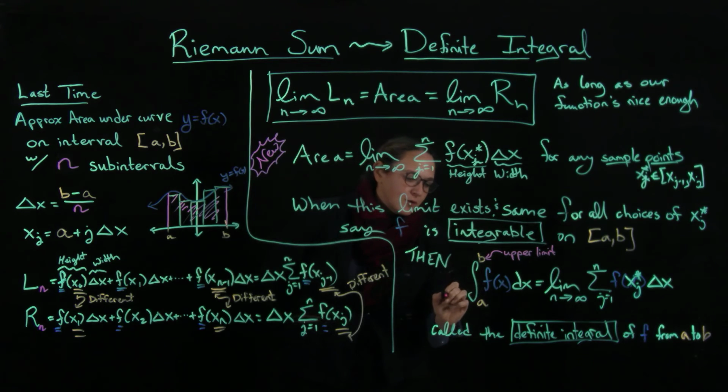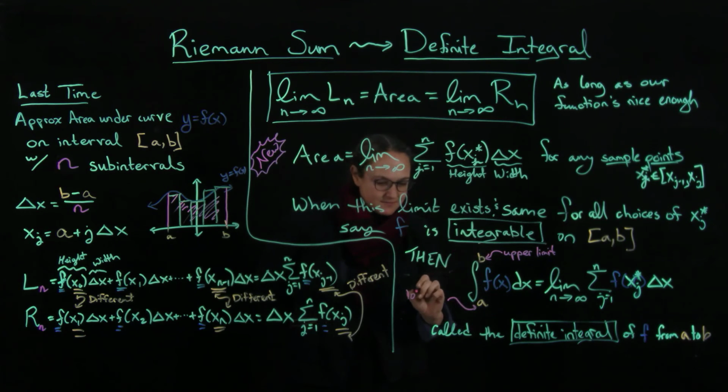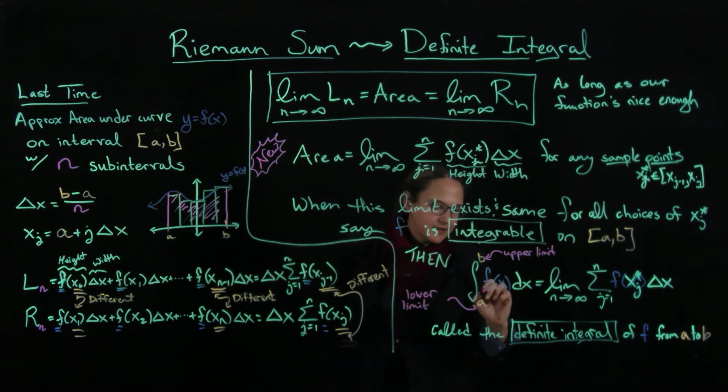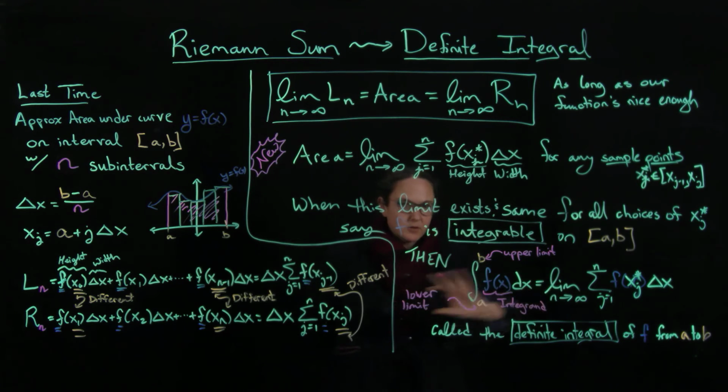This here is called the lower limit, because this is where we start, this is where we end. This critter here is called the integrand. It's good to learn your lingo so that you can communicate: upper limit, lower limit, integrand.